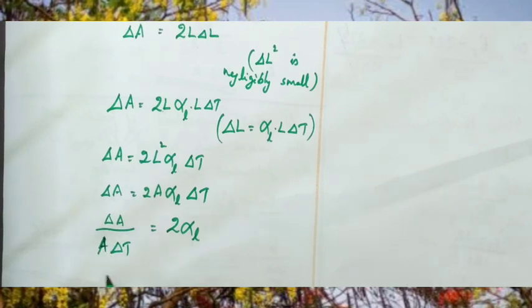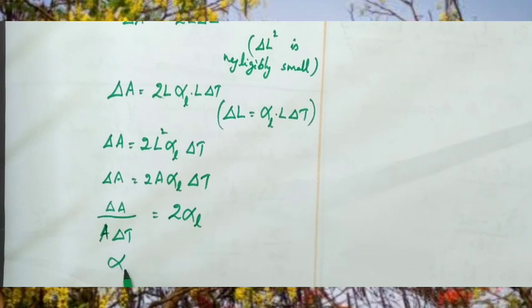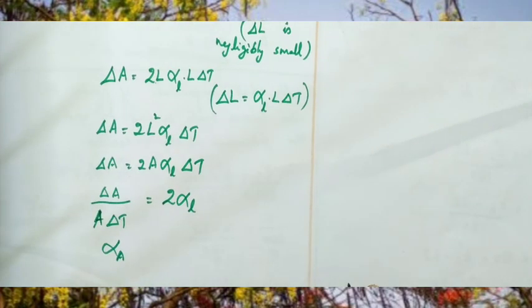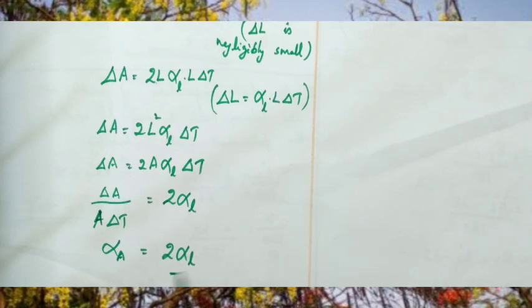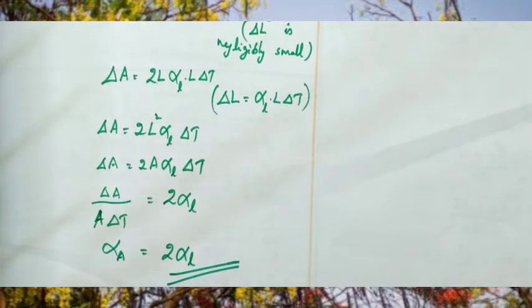We know it is alpha A, coefficient of area expansion, isn't it? So alpha A equals 2 alpha L. So the relation between coefficient of area expansion and coefficient of linear expansion is alpha A equals 2 times alpha L. Okay children?